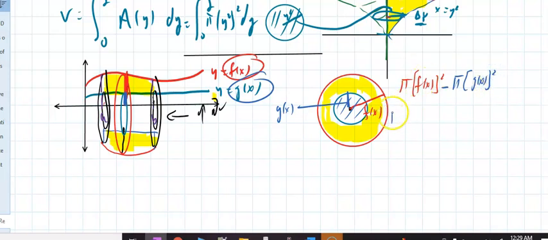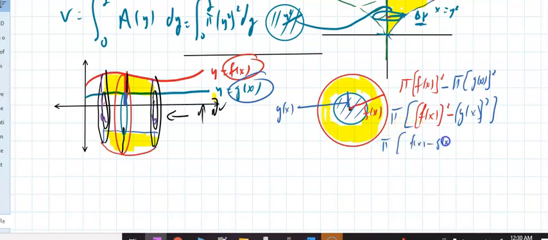And if I factor out a pi, it's nothing more than the outer radius, which is the top, minus the inner radius, which is the bottom. So be careful not to do this. That's a common mistake students make. Students say pi times f of x minus g of x, squared. It doesn't work that way.